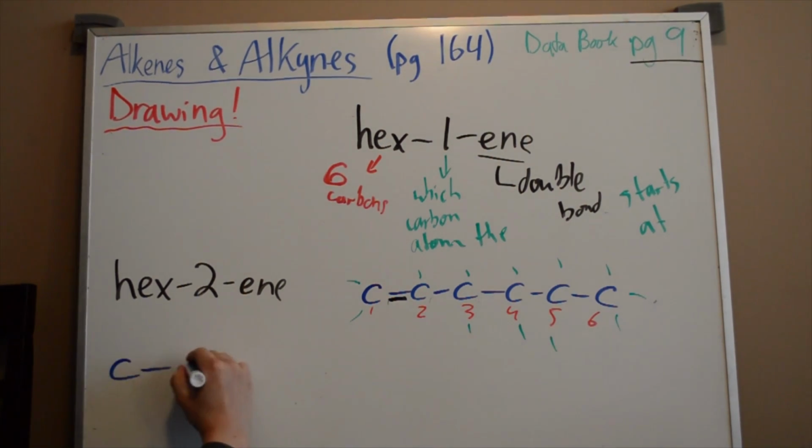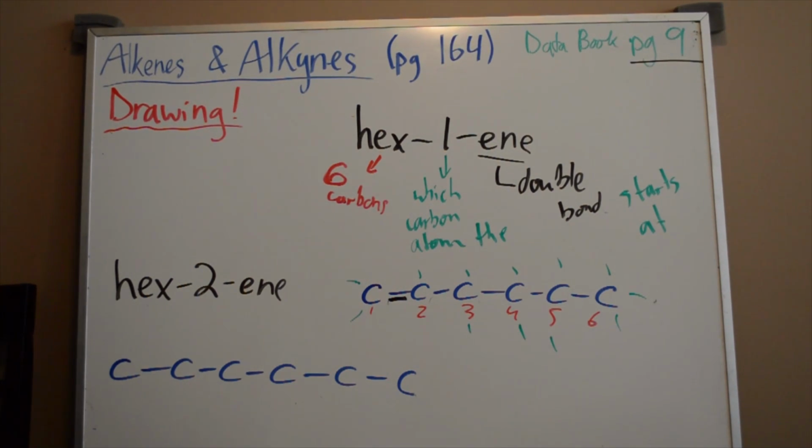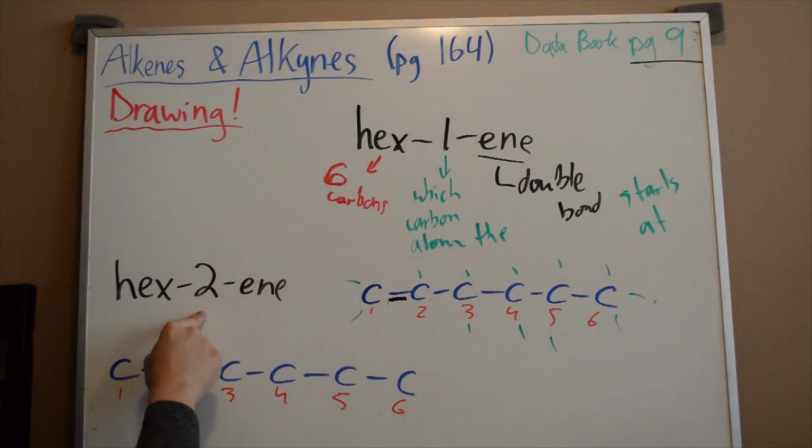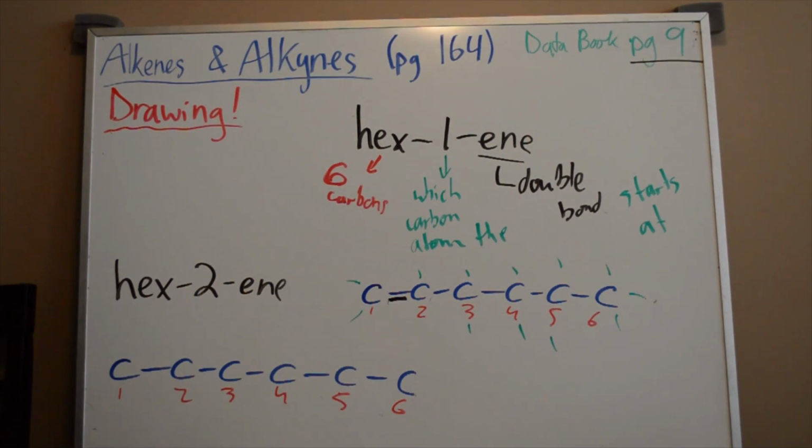We have 1, 2, 3, 4, 5, 6 carbons like that, okay? That's what the hex means. And if we were to number these carbons, 1, 2, 3, 4, 5, 6, okay? Now remember, the 2 tells us which carbon atom the double bond starts at, okay? It's not where it ends, okay? So keep that in mind.